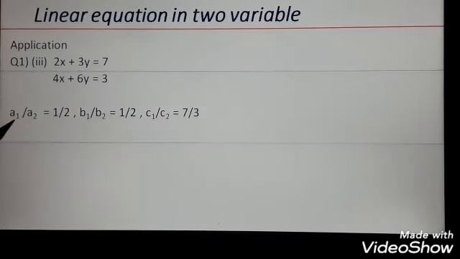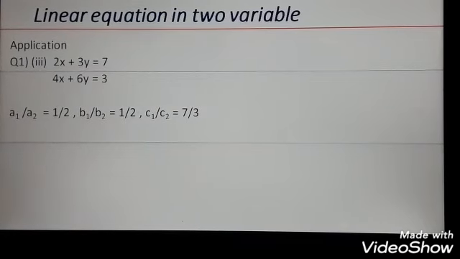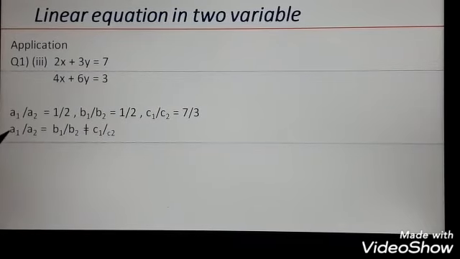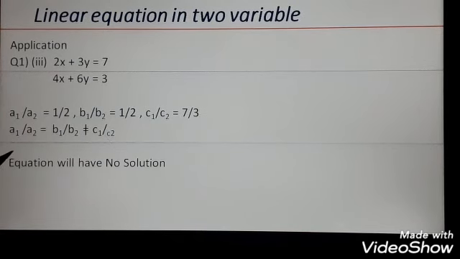So, in this example, the first two ratios are equal, but the third one is not equal. So, it will represent a1 upon a2 is equal to b1 upon b2 is not equal to c1 upon c2. So, it will represent the condition for no solution.